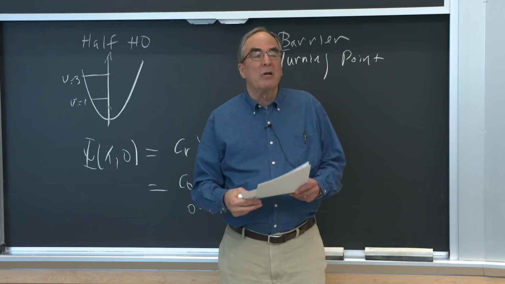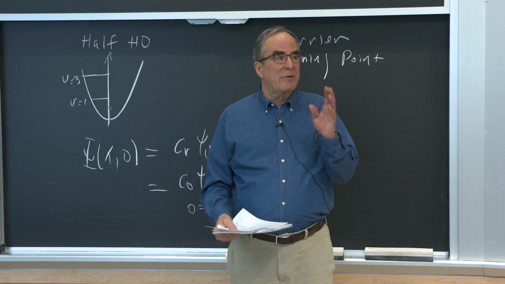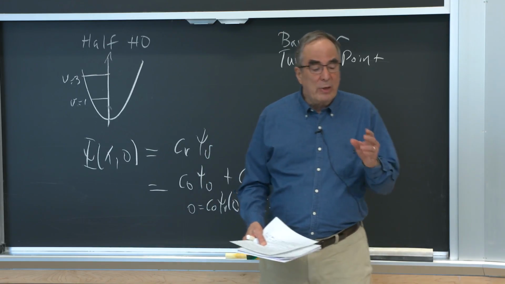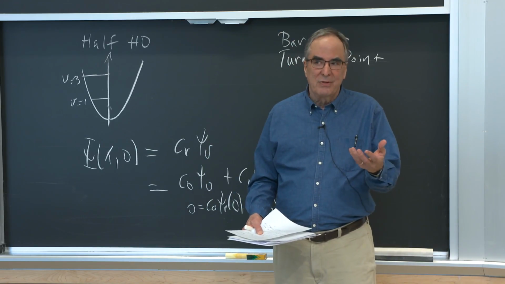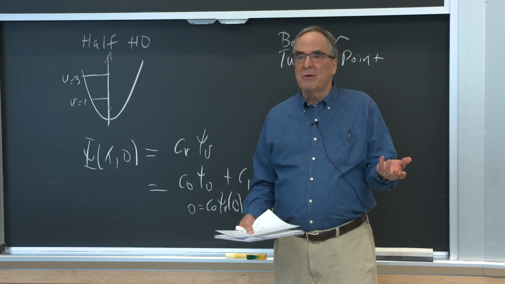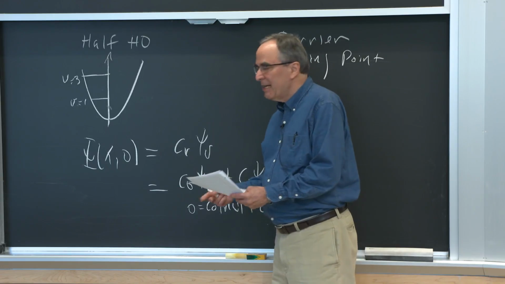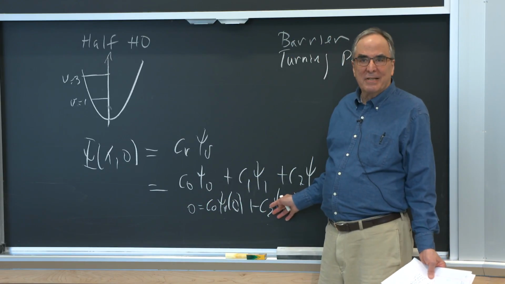And why do we do this? We're going to be calculating expectation values of x and p. If we only have half of the energy levels, all of the integrals are going to be 0. So we have to have 3 consecutive levels to have anything interesting.